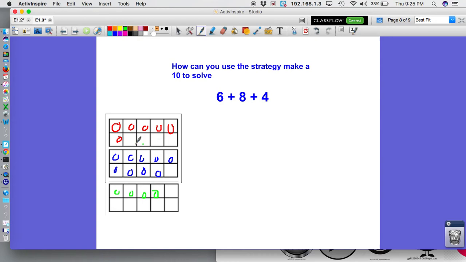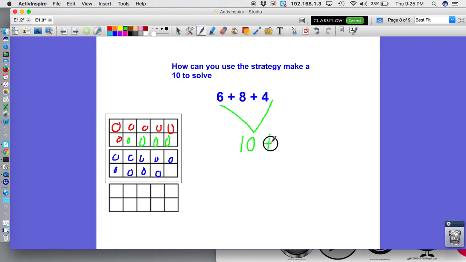And I see that there are 4 missing on the 6. And 6 plus 4 equals 10. So I'm going to move those away. I'm going to move it to the top. So 6 plus 4 is 10.